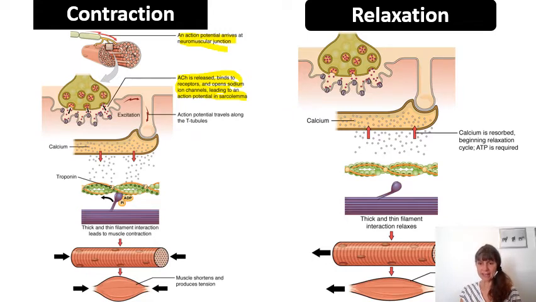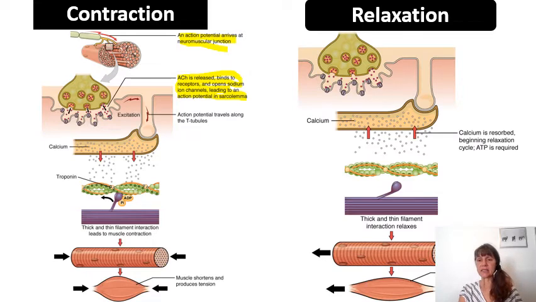There's also an enzyme called acetylcholinesterase that will break down acetylcholine into its components of acetyl and choline, which will be taken up actively into the synaptic end bulb to be reconfigured and repackaged as acetylcholine in the synaptic end knob, so they can actually be recycled.